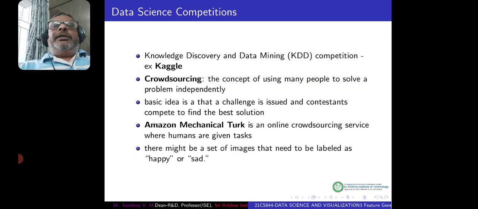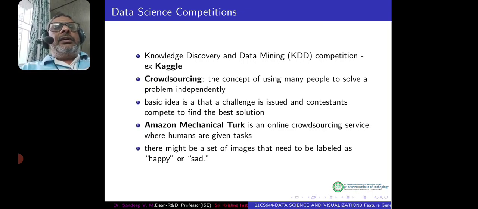As we saw in our previous session, there is one type of machine learning called supervised learning. In supervised learning, for every input data, there is a label. If we are talking about a classification problem, there will be situations where we need to classify images.